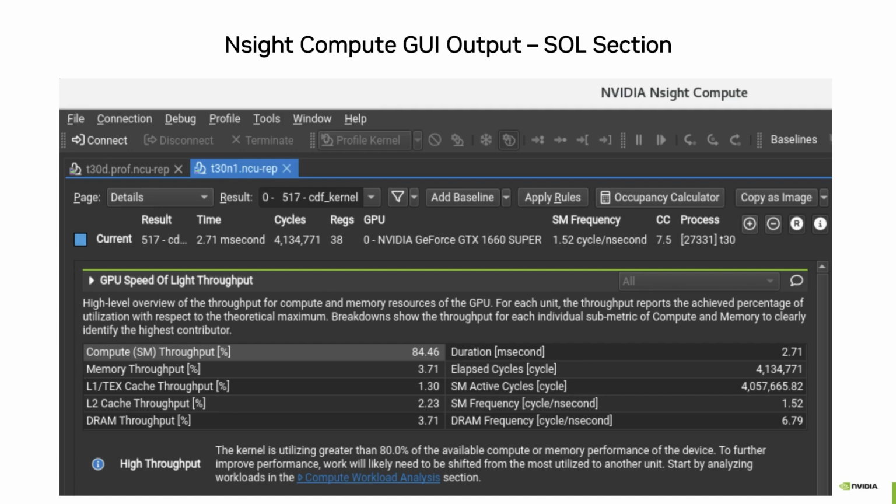The rules output is extremely valuable, especially for beginners, because it analyzes data based on expertise provided by the Nsight Compute development team, effectively a kind of expert system. Pay attention to rules outputs, which can range from information such as this one to warnings, which indicate more important performance issues.